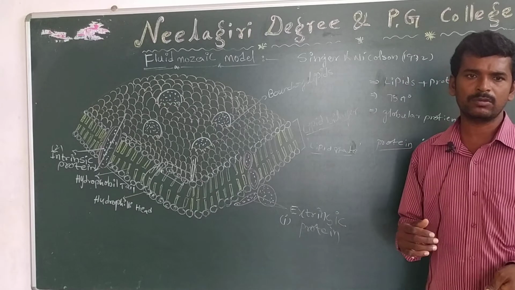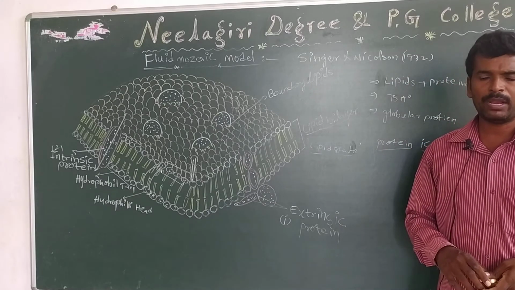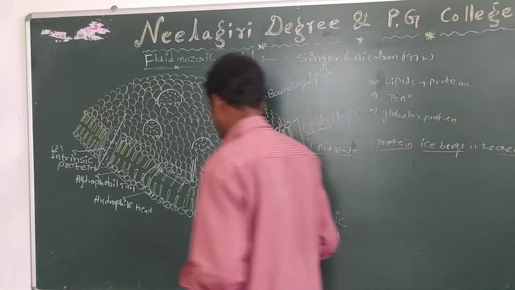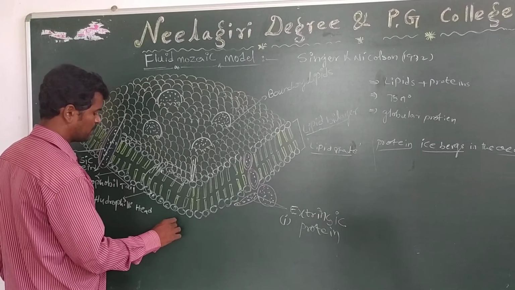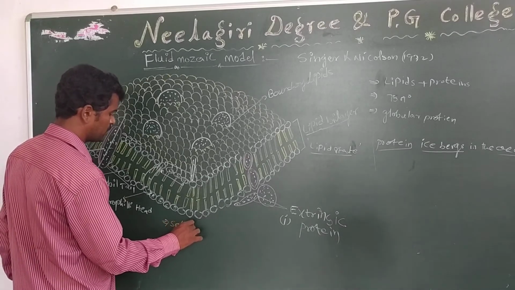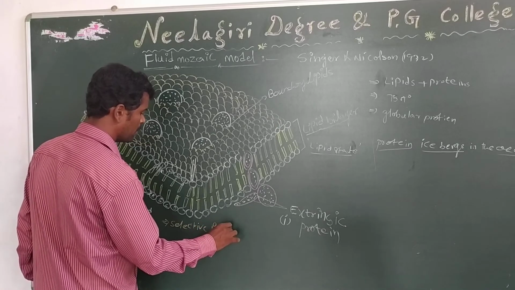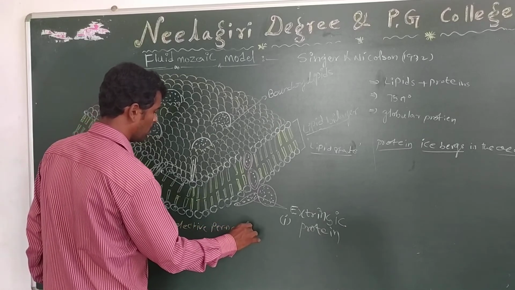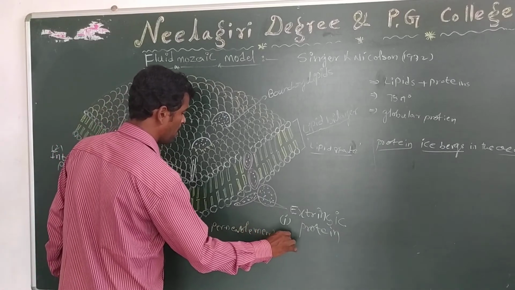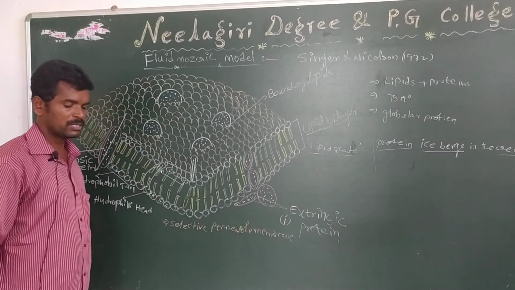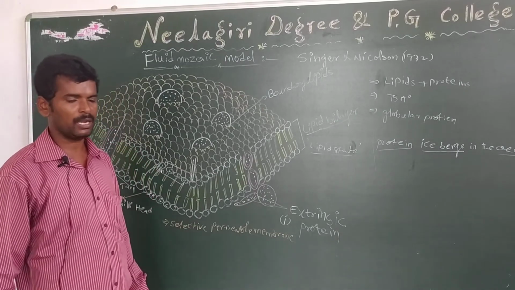Now we are going to discuss the functions of the membrane. The main function of the plasma membrane is conducting as a selective permeable membrane.